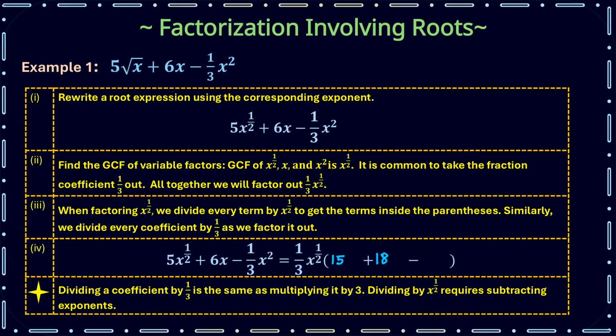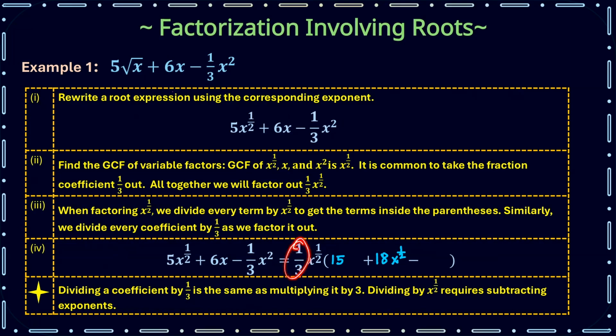And when you're taking out x to the 1/2 from x, you take x, you divide it by x to the 1/2. And again, remember, we are just subtracting their exponents. 1 minus 1/2 is equal to 1/2. So for the variable part, we get x to the power of 1/2. That's what happens when you factor x to the 1/2 out of x. You end up with x to the 1/2.